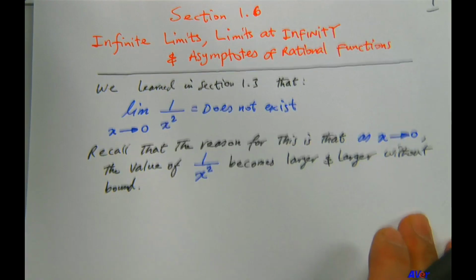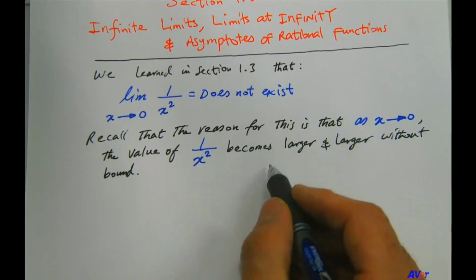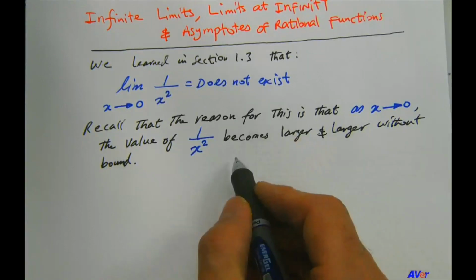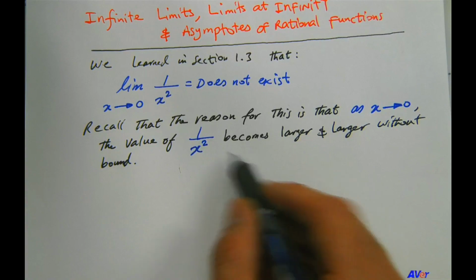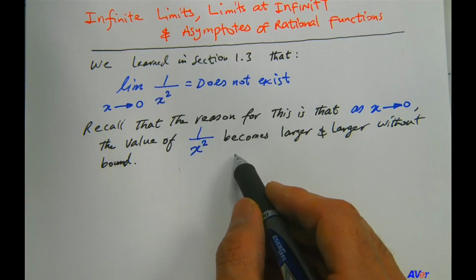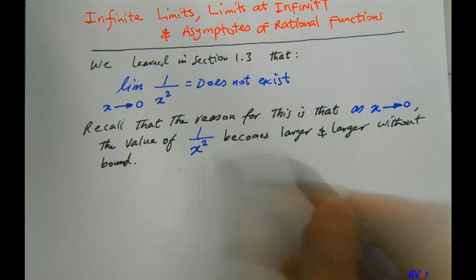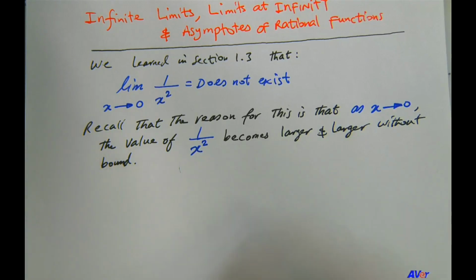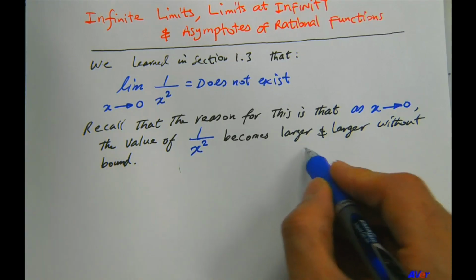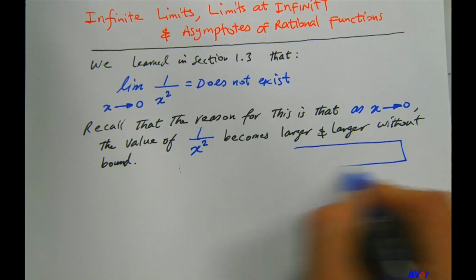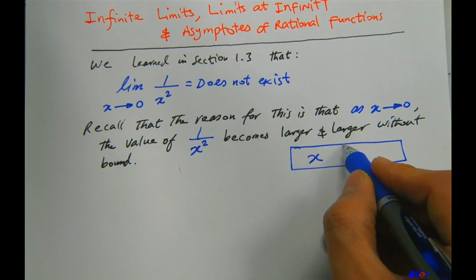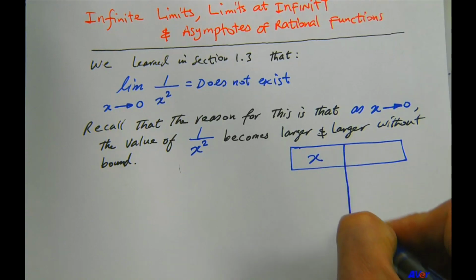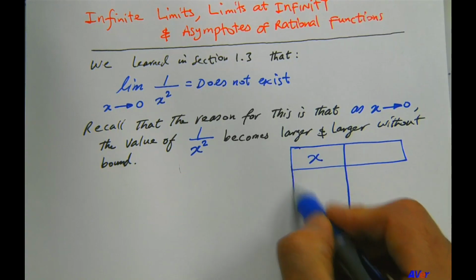In other words, let's look at a few of the values of x for which we calculated the value of the function, as the values of x were getting increasingly closer and closer to 0. Let's draw a small table here just to get a concrete sense of what we're talking about.